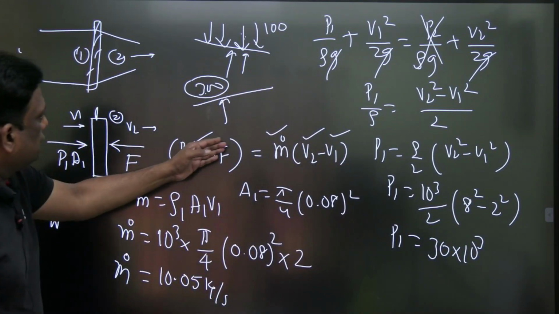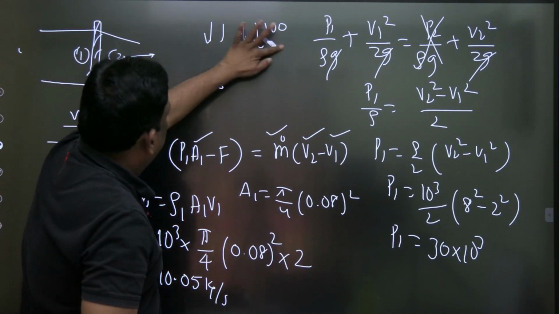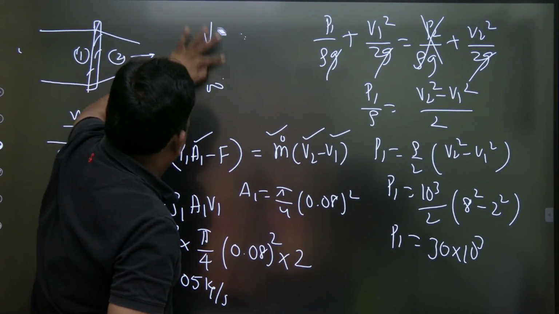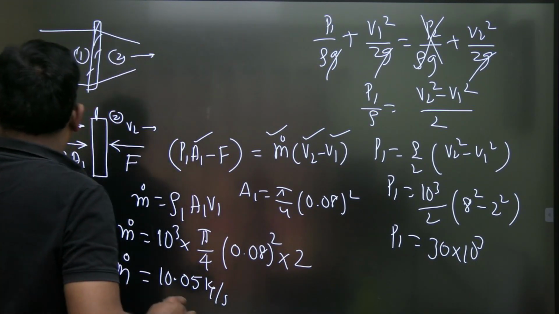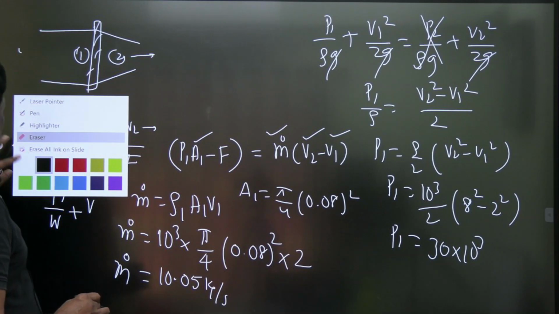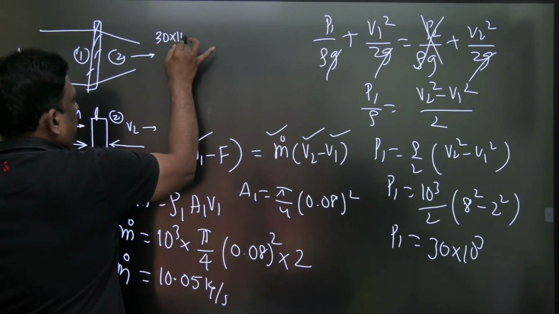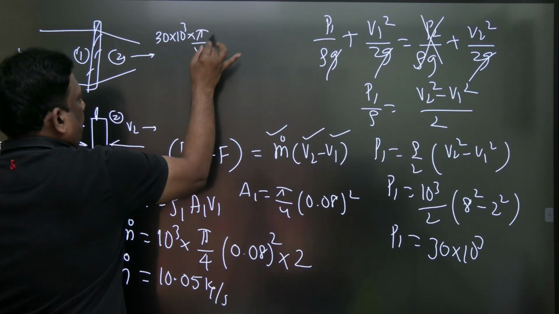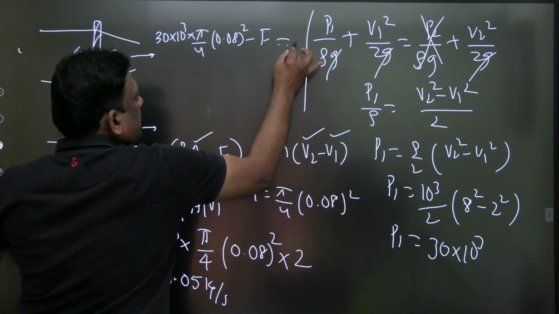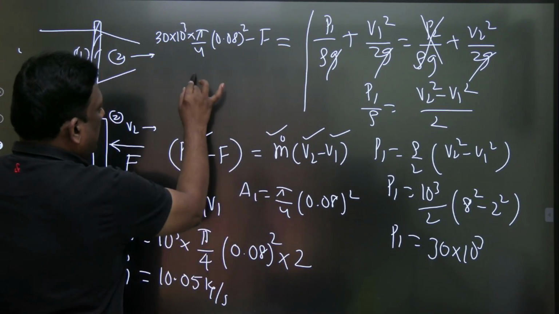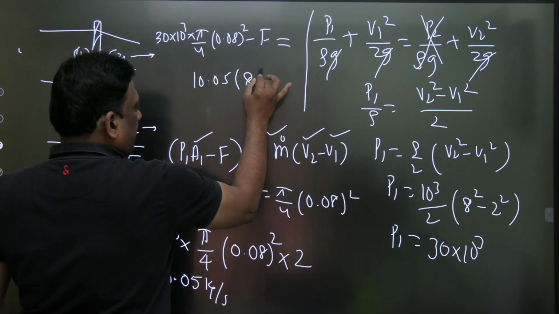So everything is known. Now just put it here, dear students. Let's substitute here and calculate the value of the force needed to hold this in position. एक second. P1 is 30 into 10 power 3, A1 pi by 4 into 0.08 square, minus F is equal to m dot 10.05 into V2 is 8, V1 is 2.